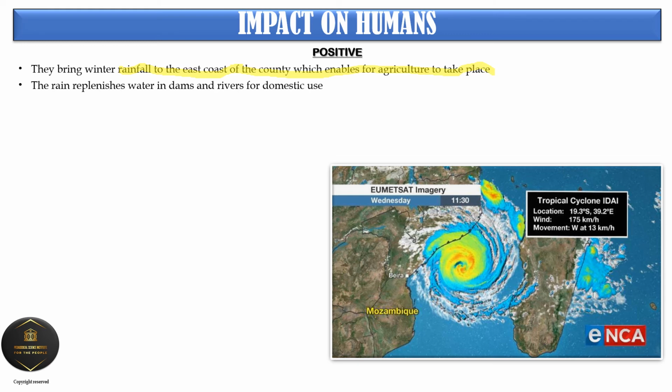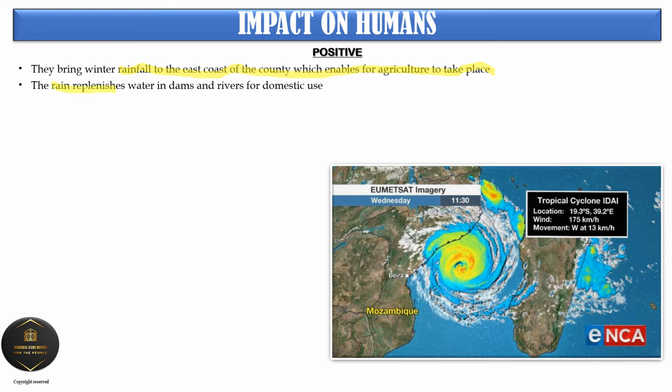So the rain brought by this cyclone to the Limpopo region was very beneficial for it in terms of agriculture in the long term. And again, we can think about what happened to the Vaal Dam. The Vaal Dam as well filled up, so we had more water for the winter season. So those are just some of the impacts.